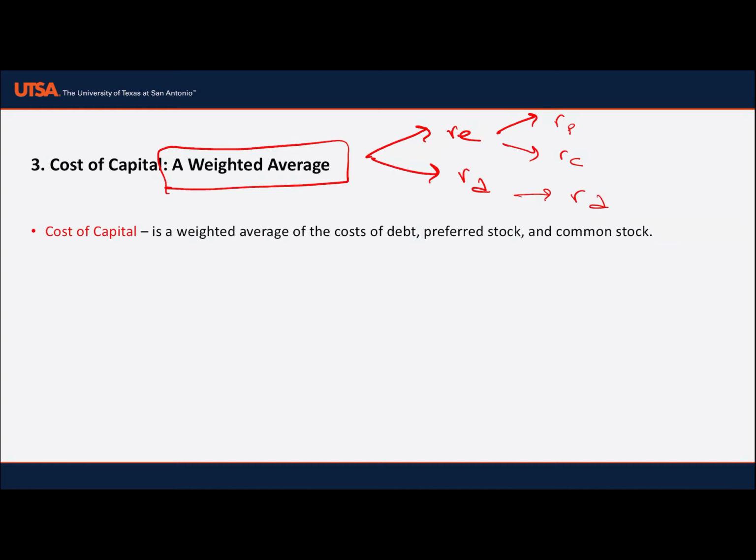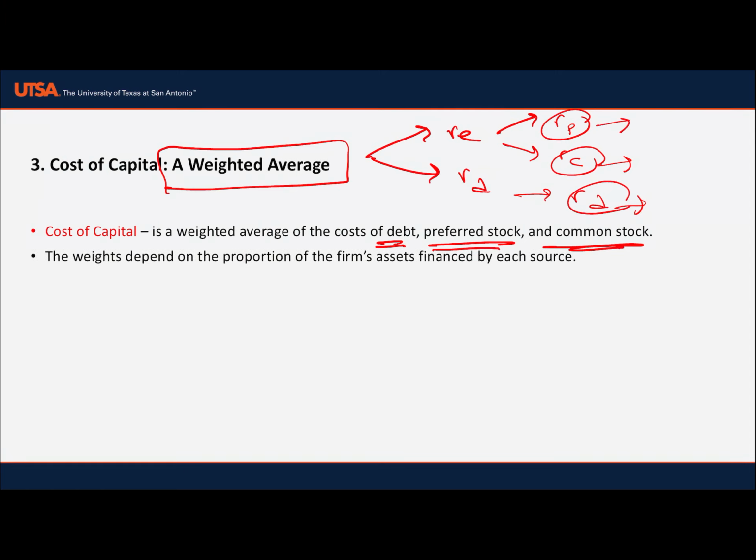So in the capital structure, we have three different cost items. The cost of capital is the weighted average cost of debt, preferred stock, and common stock. The weight depends on the proportion of the firm's assets financed by each source.